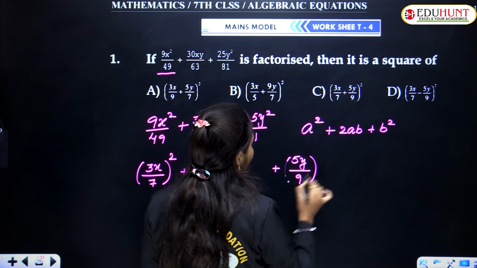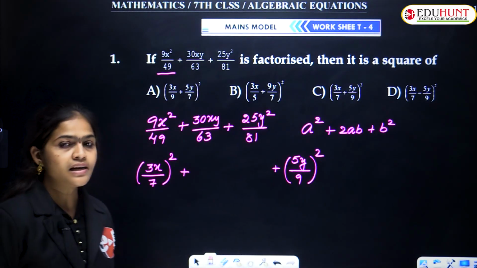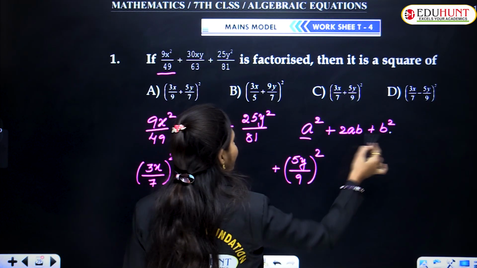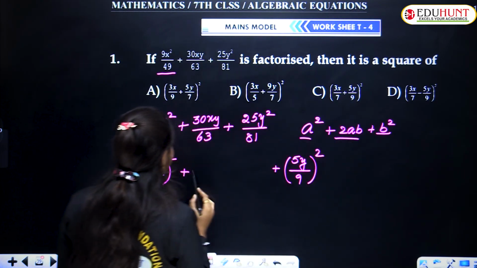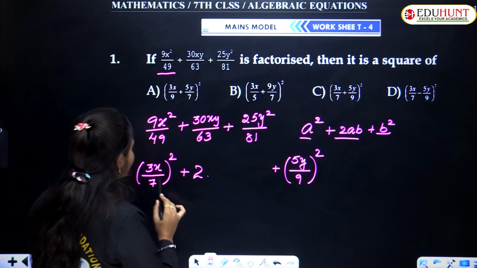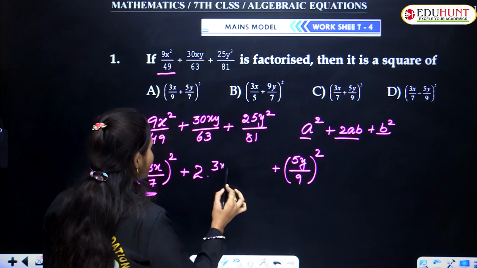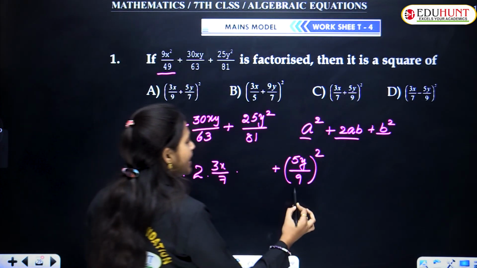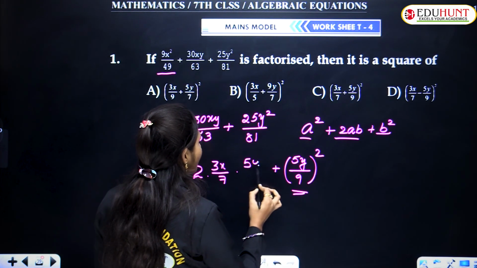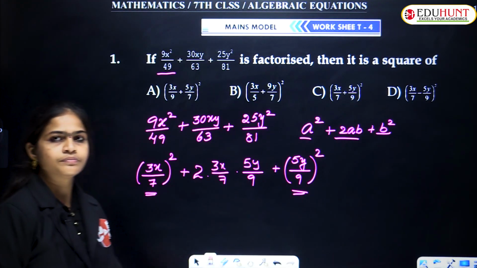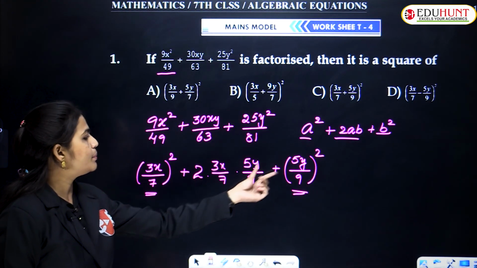So 5y by 9 whole square. Now we have the first and last terms. Here a is equal to 3x by 7 and b is equal to 5y by 9. a square plus 2ab plus b square.